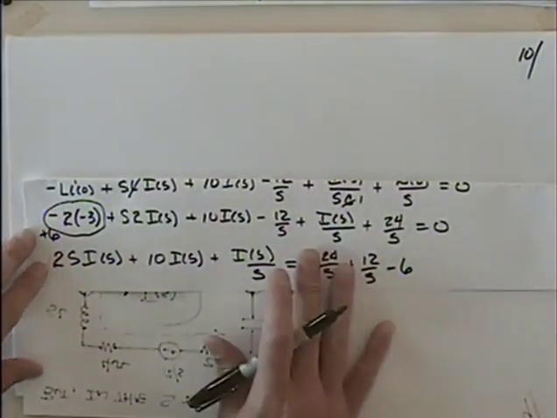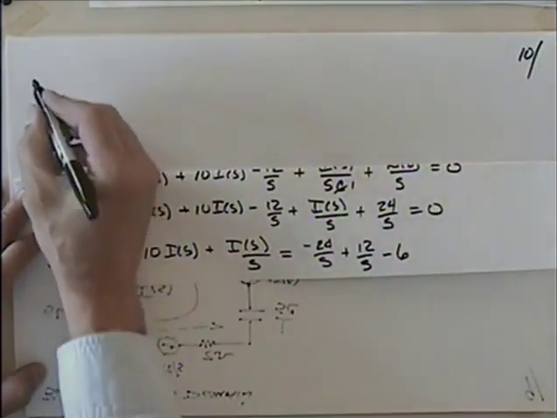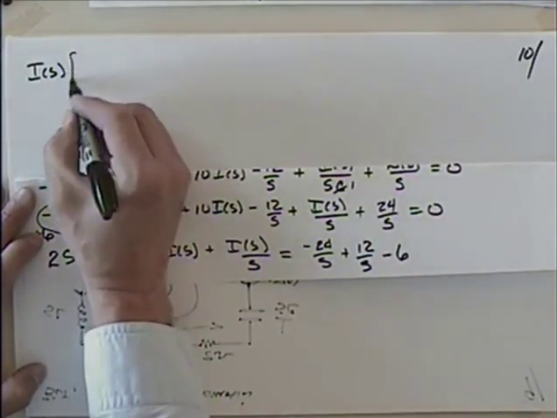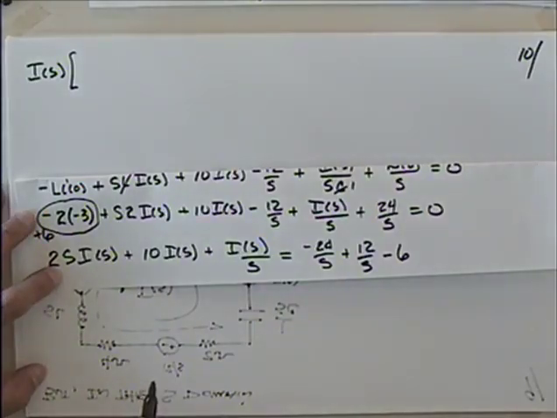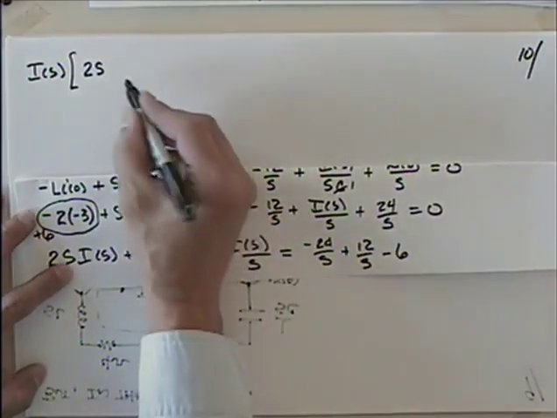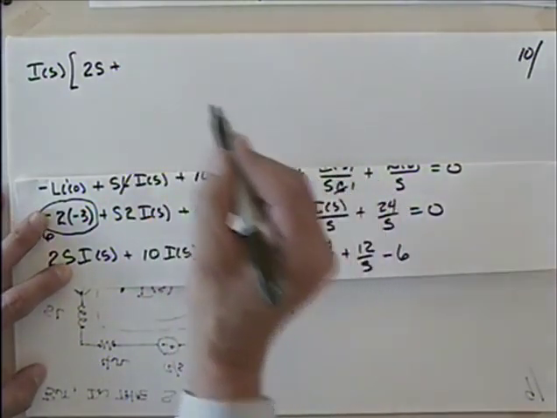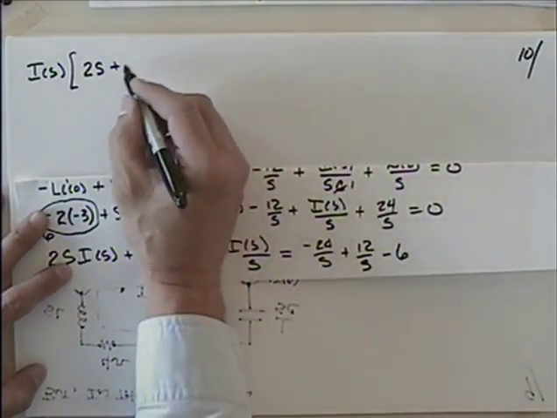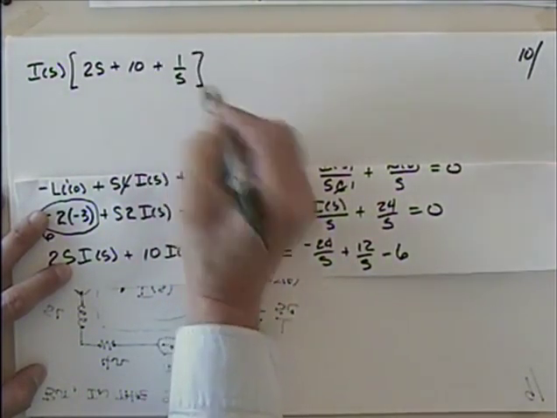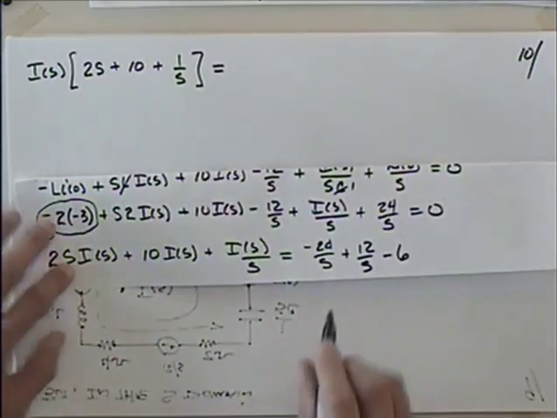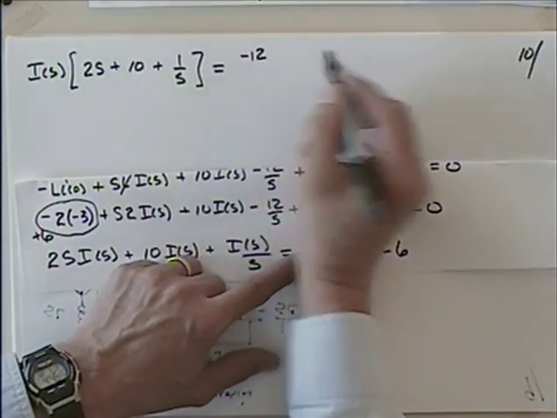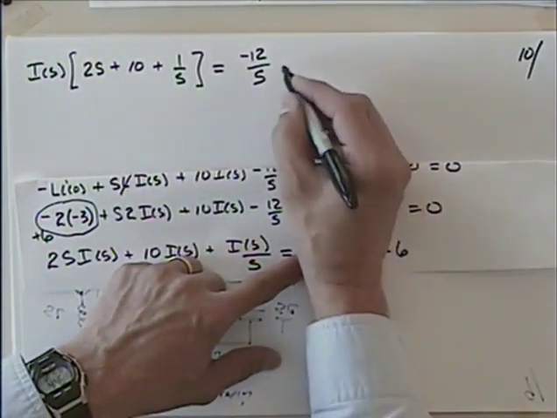So if I keep going on this, we've got IS, let's see, 2S plus 10, is that right? Yeah, plus 1 over S is equal to, see, minus 24 plus 12, I get minus 12 over S minus 6.